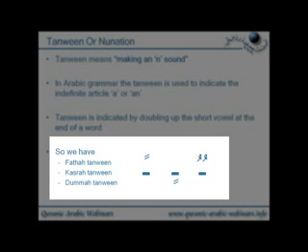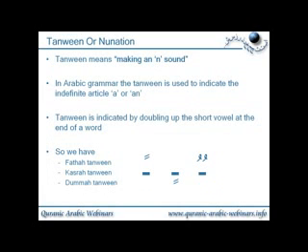So all of these can be doubled up, i.e. the dhamma is doubled up, the kasra is doubled up, and the fathah is doubled up. So in that case we call it Tanween, and we'll see why in a minute. Remember, Tanween means nunation or adding an N sound.